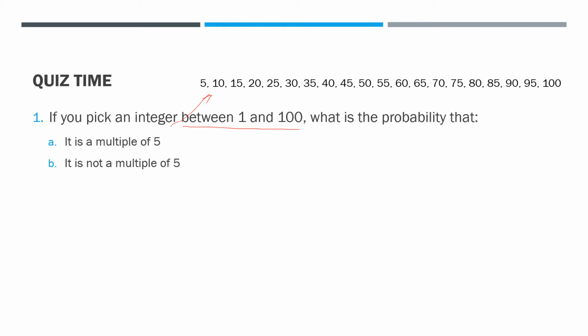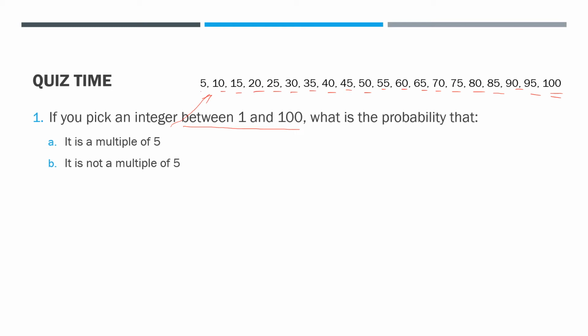And how many of these? 1, 2, 3, 4, 5, 6, 7, 8, 9, 10, 11, 12, 13, 14, 15, 16, 17, 18, 19, 20. So of course there are 20 numbers which are multiples of 5 between 1 and 100.